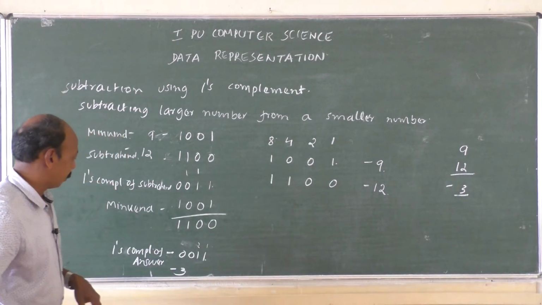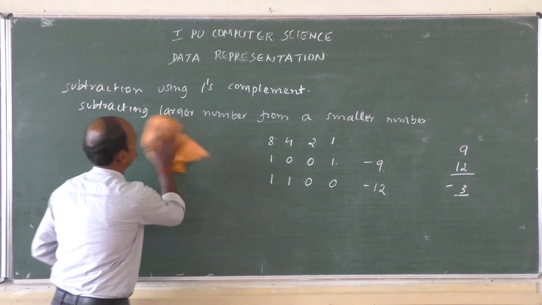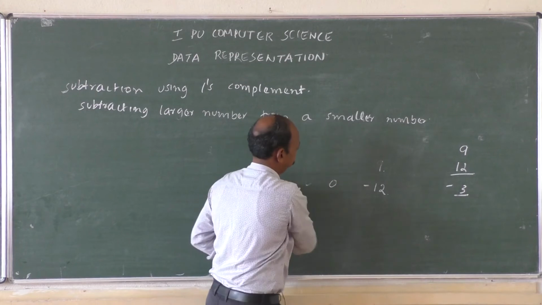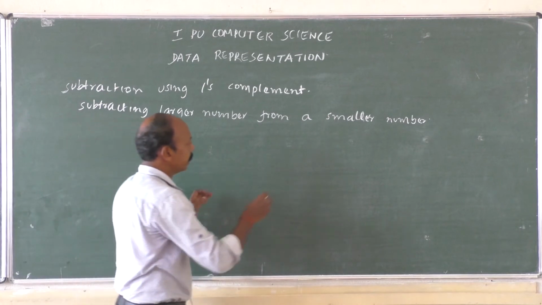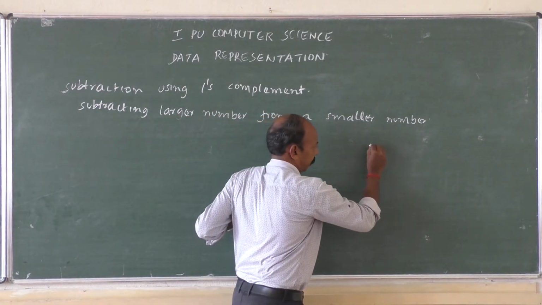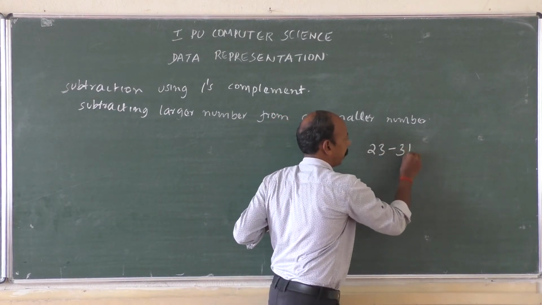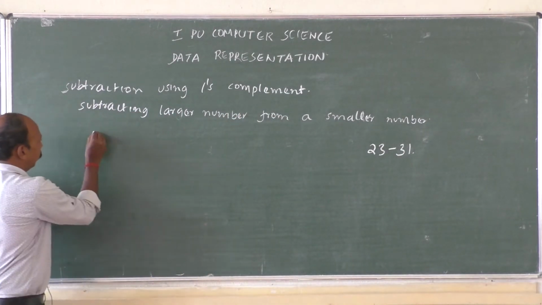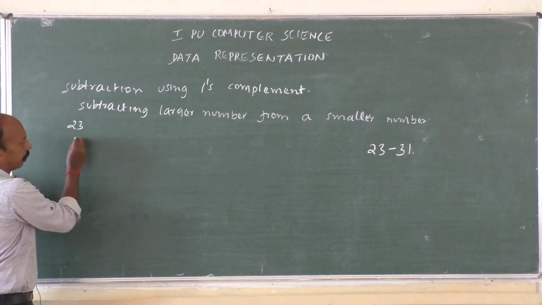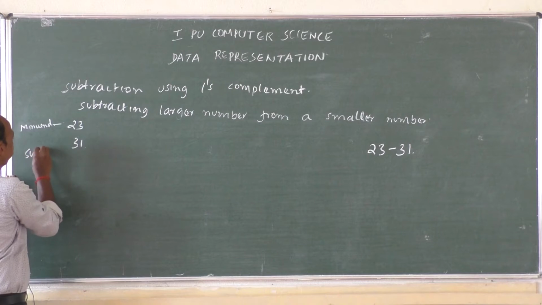Let us take some other examples. Let us write 23 minus 31. 23 is the minuend and 31 is the subtrahend.